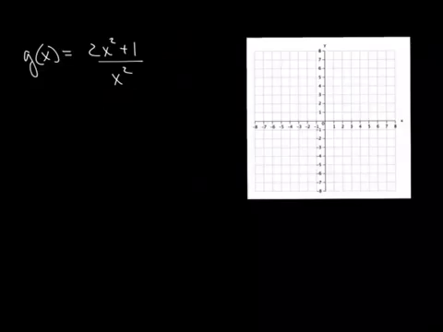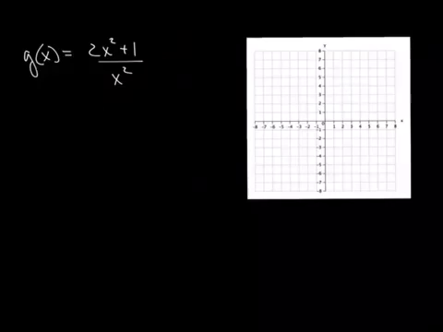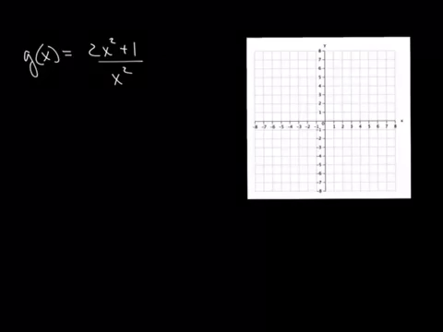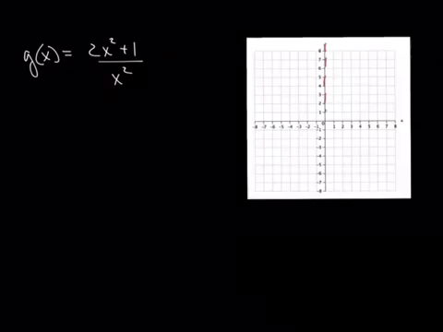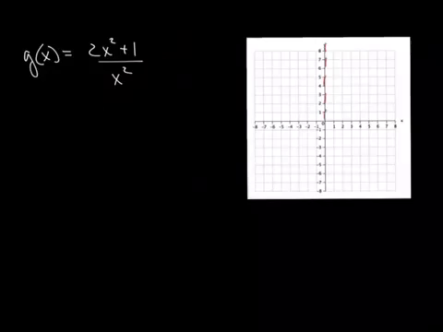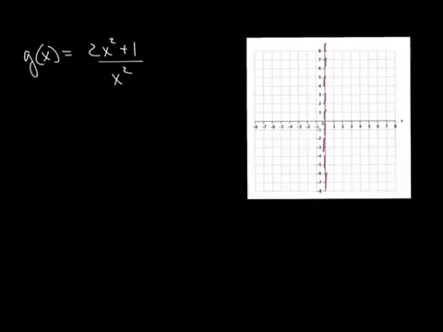The only asymptote that we're going to get that's vertical is what makes the denominator 0. Well, the only number that makes that denominator 0 is 0. So our y-axis is our vertical asymptote. Okay, and there's only one.